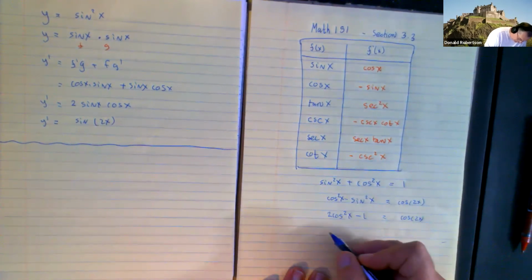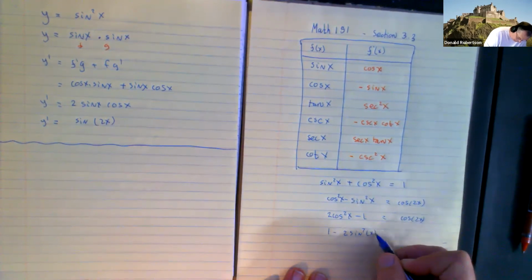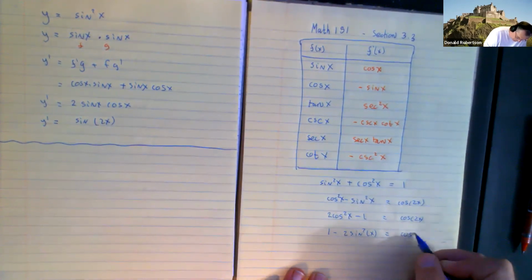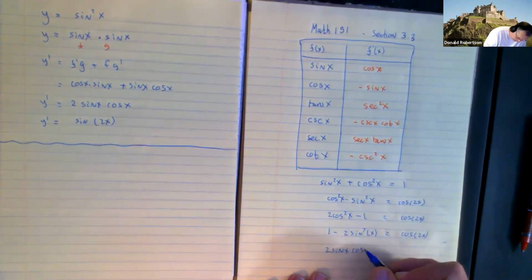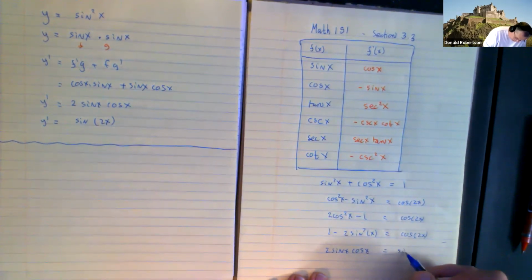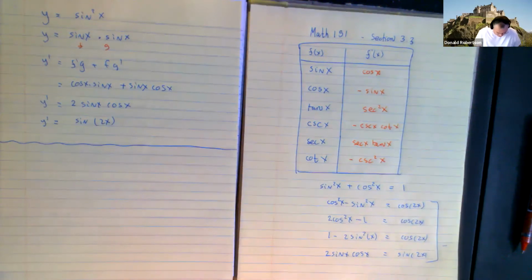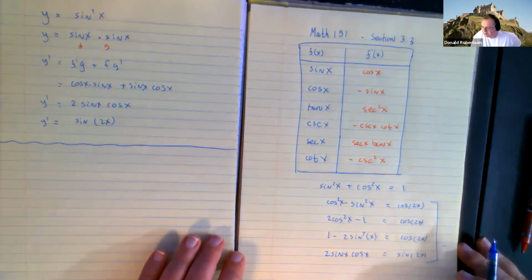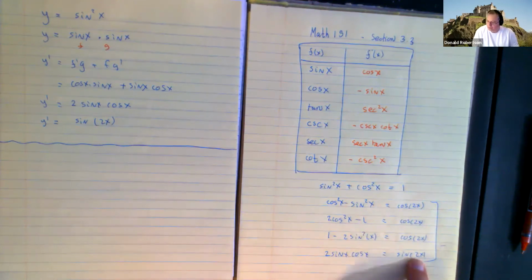There's a third version of that one. And there is the one I just used. These guys here are called the double angle identities. Double angle because the answer ends up being 2x.